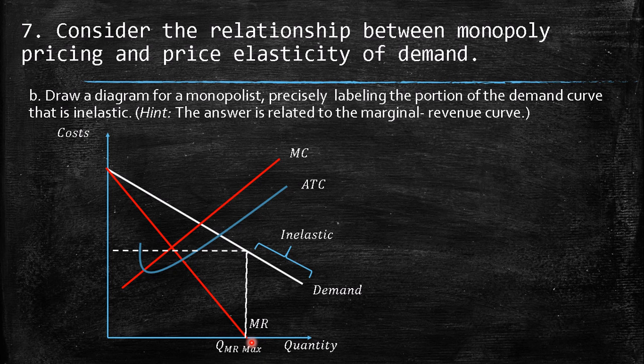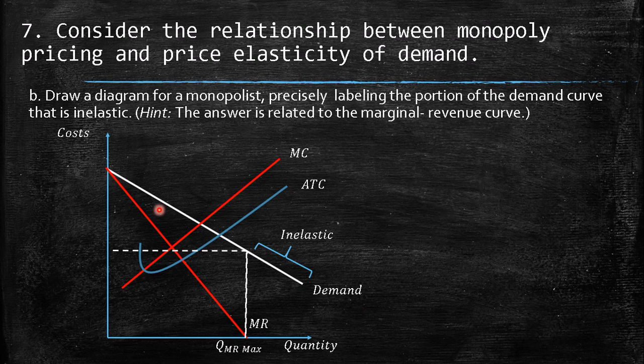Because remember, once the marginal revenue is negative, it means that anytime we sell a higher quantity, the total revenue will be lower. So definitely, from this piece of the demand, anytime we charge a higher price, the total revenue will increase.